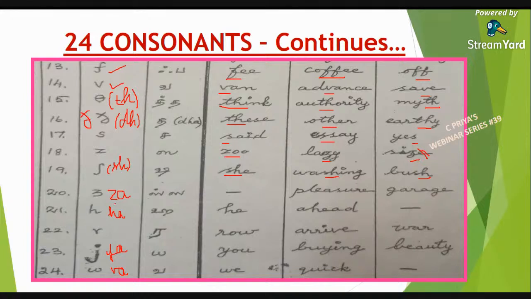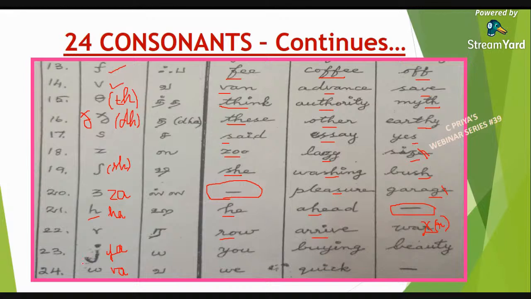The 20th sound, za. It doesn't begin a word. It has the middle position plus z: garage. Ha sound: he, ahead. No ha sound ends a word. Next are row, arrive, war. Most of the time R remains silent when it comes at the end of a word.